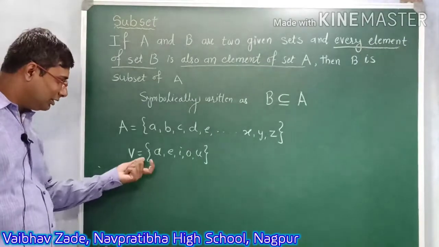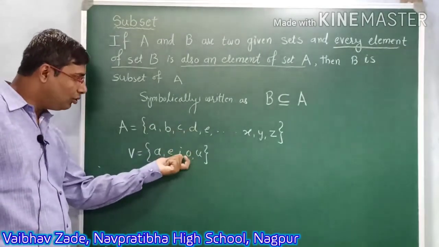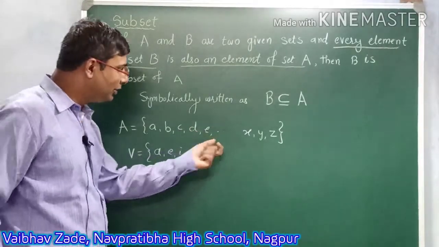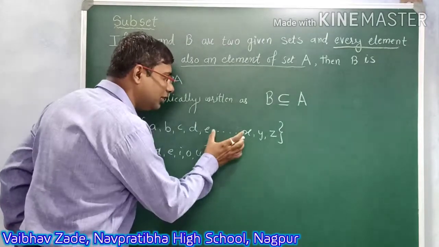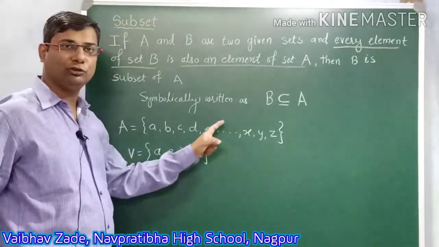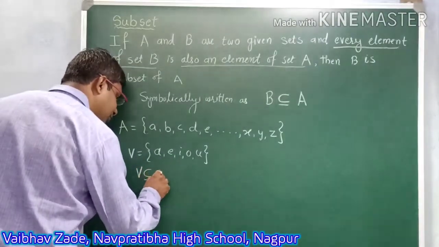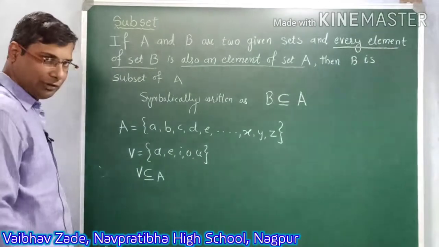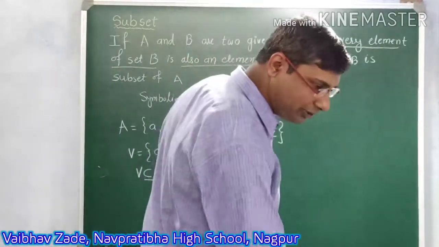What do I say? A is present also in set A, E is also present, I also present, even though they are not shown here. What is the meaning of this dot dot? They are in between. O is also present and U also present. Hence V is a subset of set A. So this is the example.